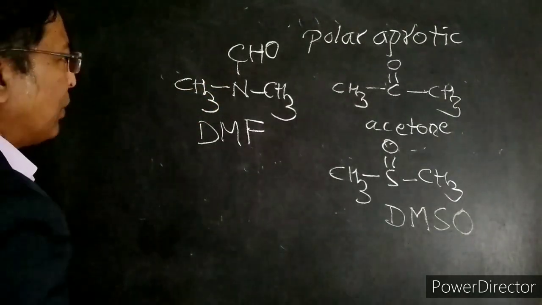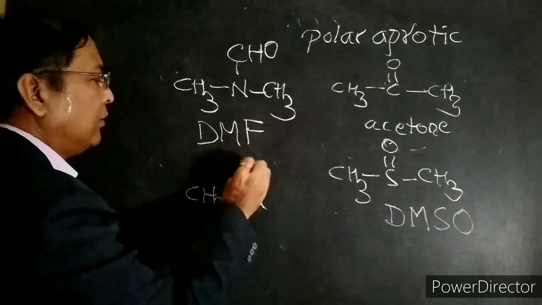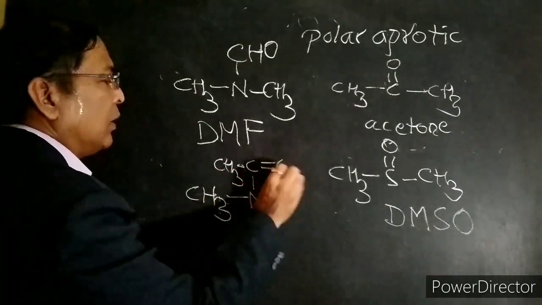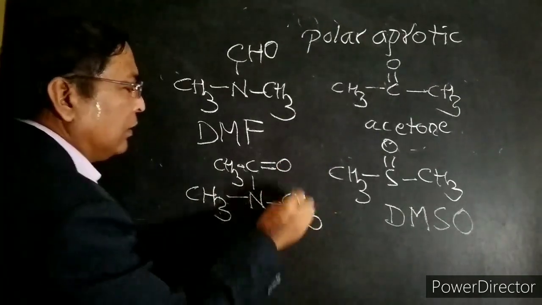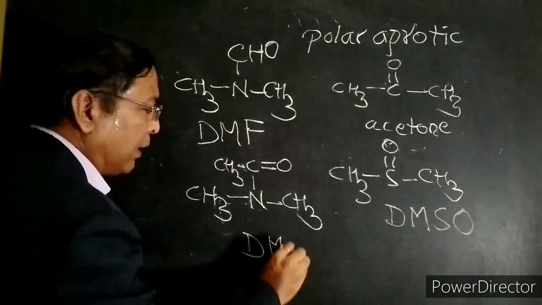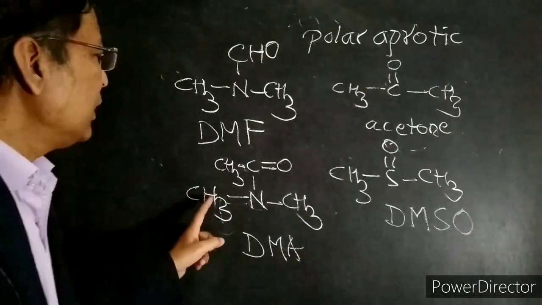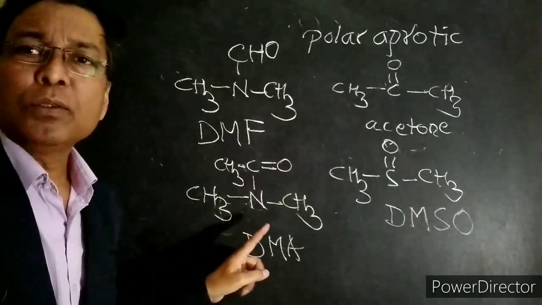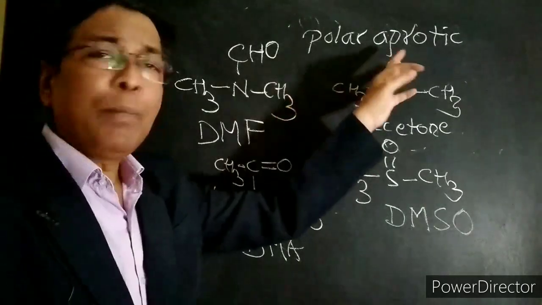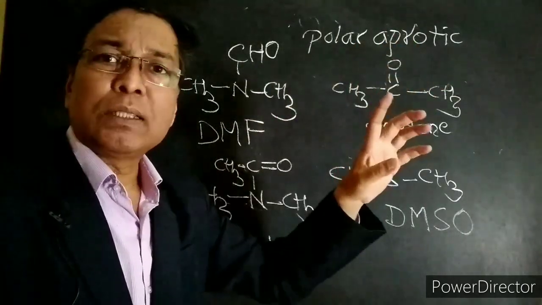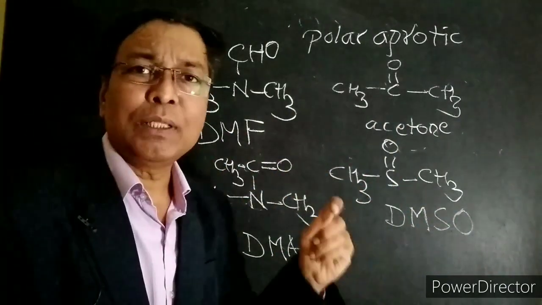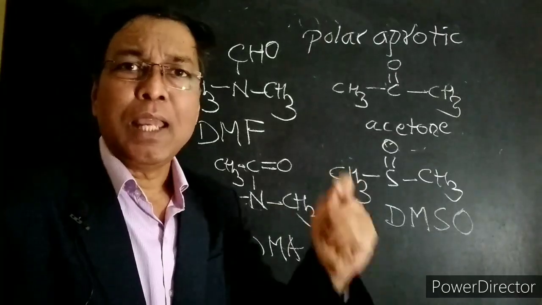One more example we will take, CH3, N, CH3, CO, CH3. This is called dimethyl acetamide, DMA. So these are the polar aprotic solvents. Whenever you come across polar aprotic solvents in the reaction such as acetone, DMSO, DMF, DMA, you have to decide that the reaction is an SN2 reaction.